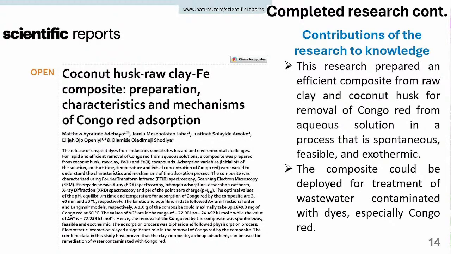That material was able to sequestrate even up to 1,000 milligram of Congo red in water. We also used simulated water to test the performance of the composite prepared. The composite prepared is safe. The iron that was used for the chemical activation was removed through efficient washing before usage. And the composite could be used for the treatment of wastewater that is contaminated with dyes.